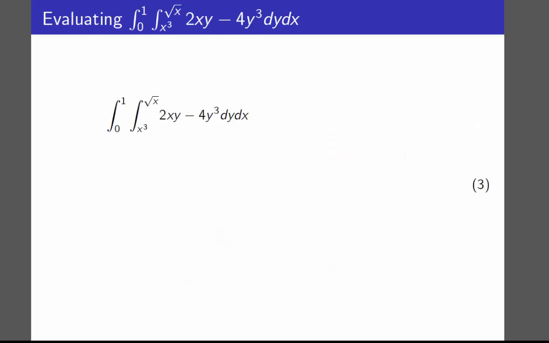Now that we've set up the appropriate iterated integral, the rest is just doing simple integration. So if we integrate the inner integral, we get the integral from 0 to 1 of x y squared minus y to the fourth, where y is evaluated from x cubed to square root x.